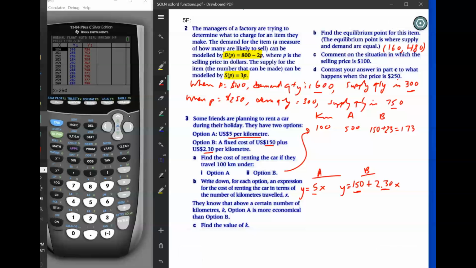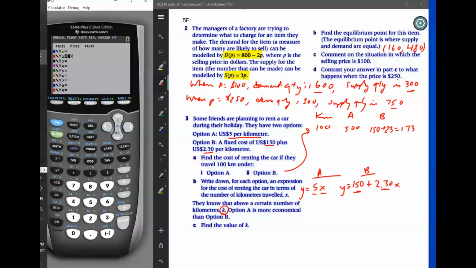They know that above a certain number of kilometers, K, is it K? Okay, so x is the variable for the number of kilometers, and K is a certain value of x at which A becomes cheaper than option B. The best way to see that is through the graph. Do you remember when we did that in the investigation too? So A is going to be 5x, and B is going to be 150 plus 2.30x.